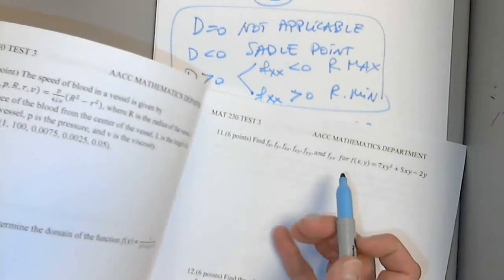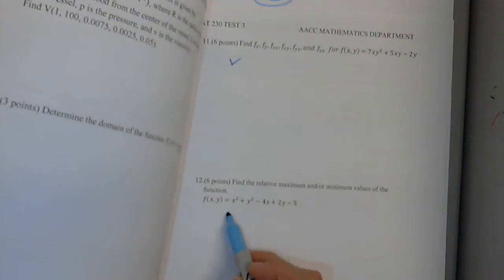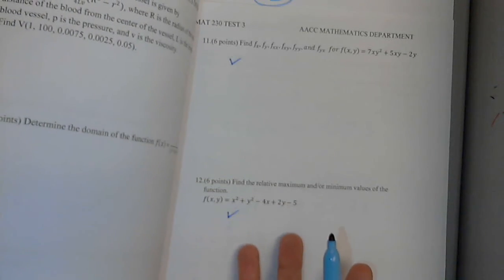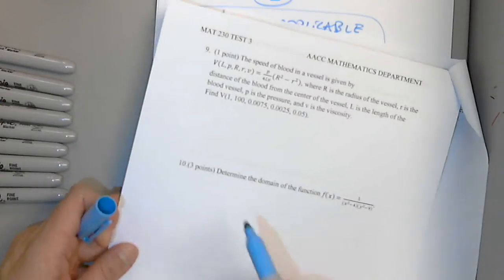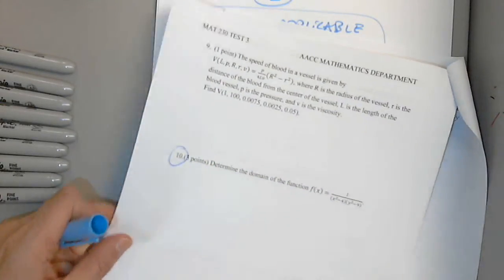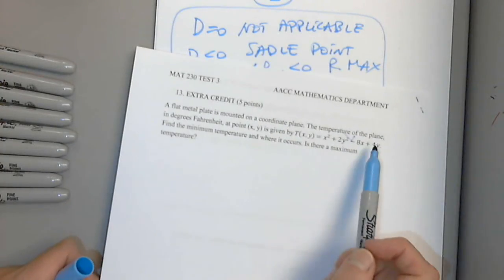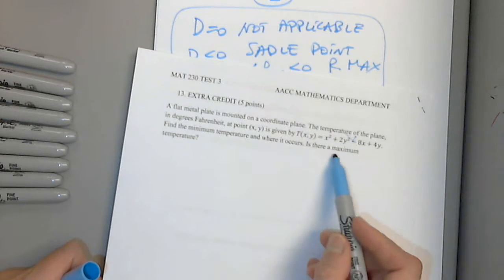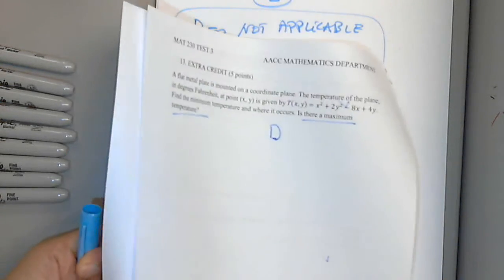We can do this problem, but this was basically done a few minutes ago, just the previous problem. I like to look at the domain of something like this. Now, if we have time, we'll go back and redo these two as well, of course. Again, we just did that with a D-test.